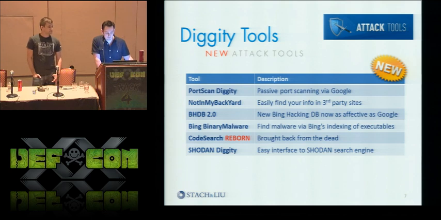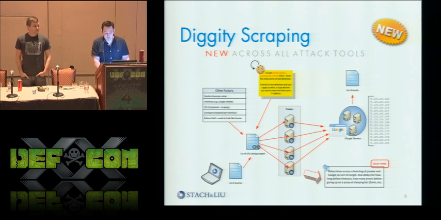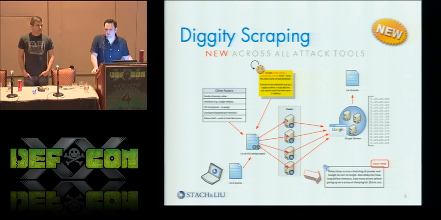I want to get right into some of the new tools that we just released. But even before that, one thing to note: until this version, we had hooked up the Bing API for Bing Diggity and the Google Custom Search API for Google.